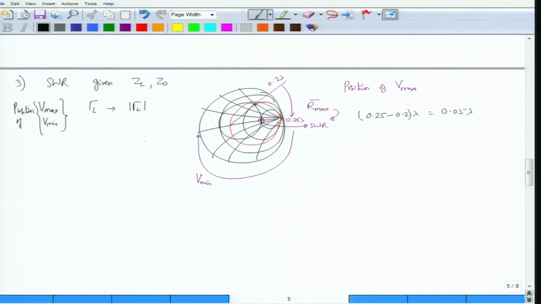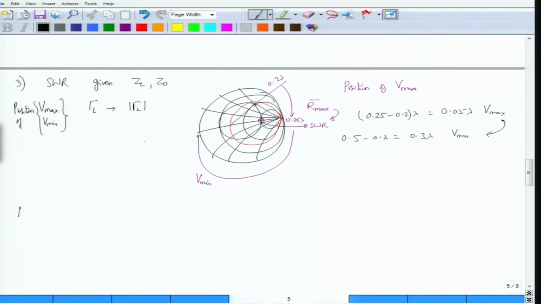And the position of V min will be 0.5 minus 0.2, which is 0.3 lambda. So this is your position of V min. The difference between these two must obviously be equal to lambda by 4, and that is what it is. Lambda by 2 corresponds to one complete rotation, lambda by 4 corresponds to half a rotation, and when you move half a rotation you are inverting all the impedances, something that we are going to talk about shortly.